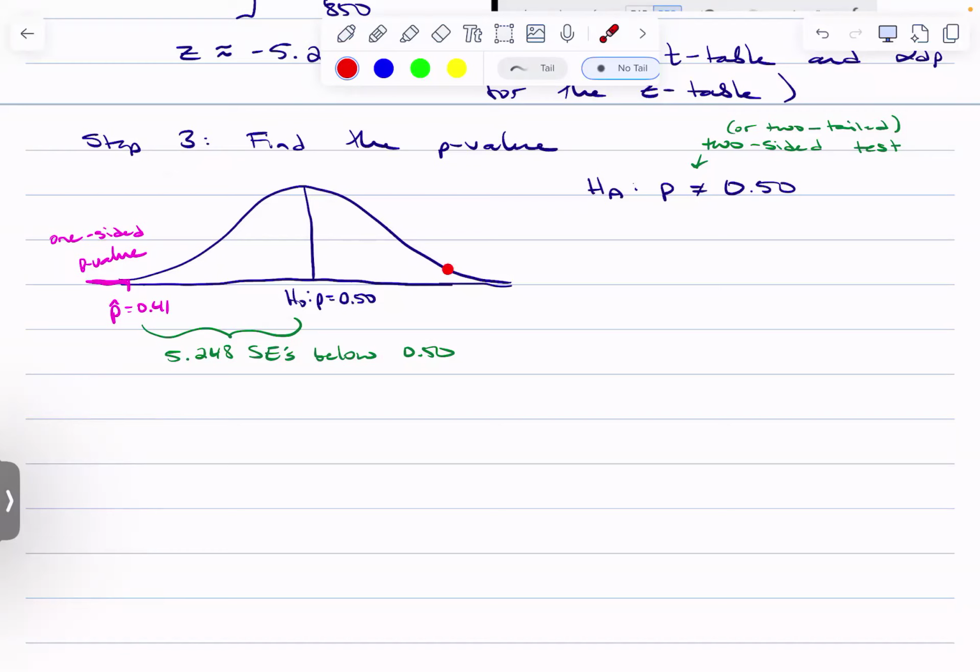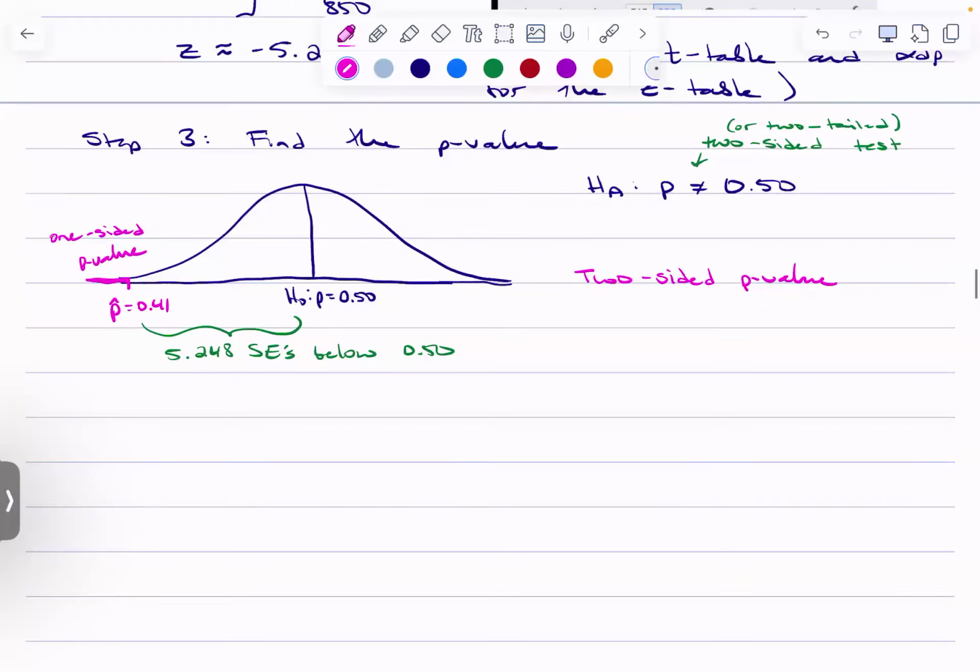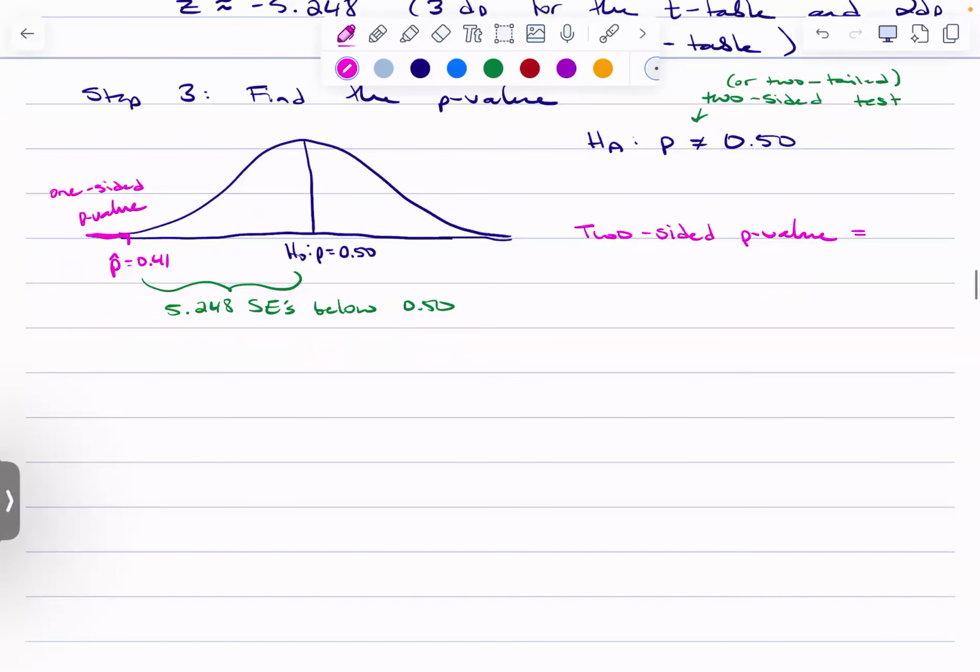I just pretend it could have happened in the upper tail as well. So the two-sided p-value is 2 times the one-sided p-value. Right, so we kind of pretend that it could have happened up here as well.